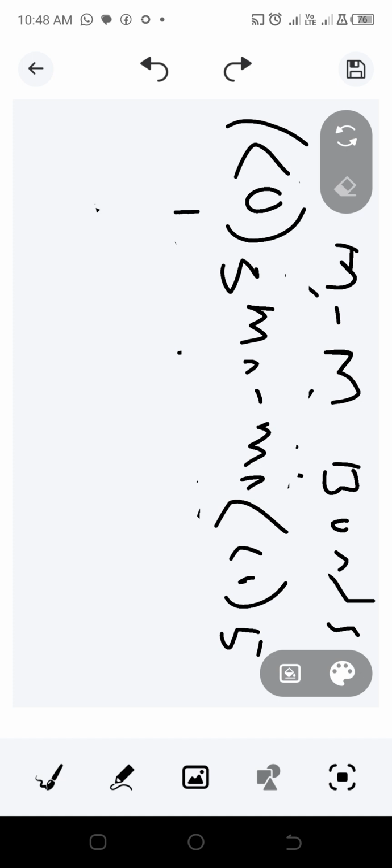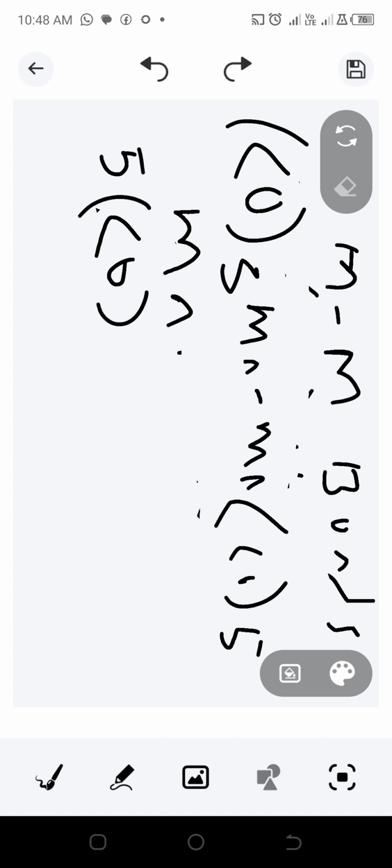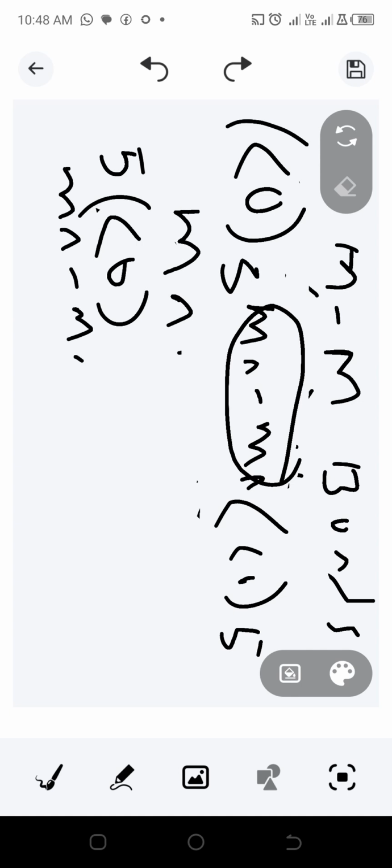We have our manganese, and we have carbonyl, which is 5. Then we can also see there is the presence of a metal single bond.